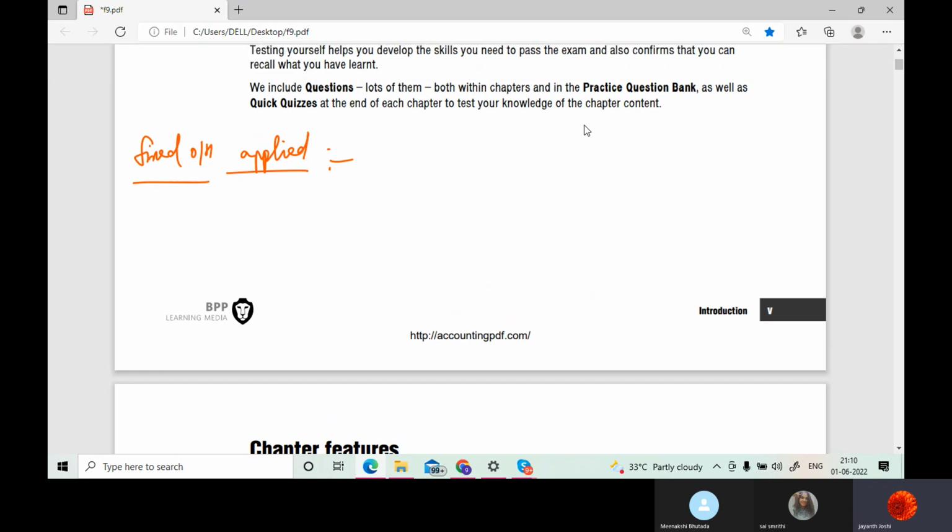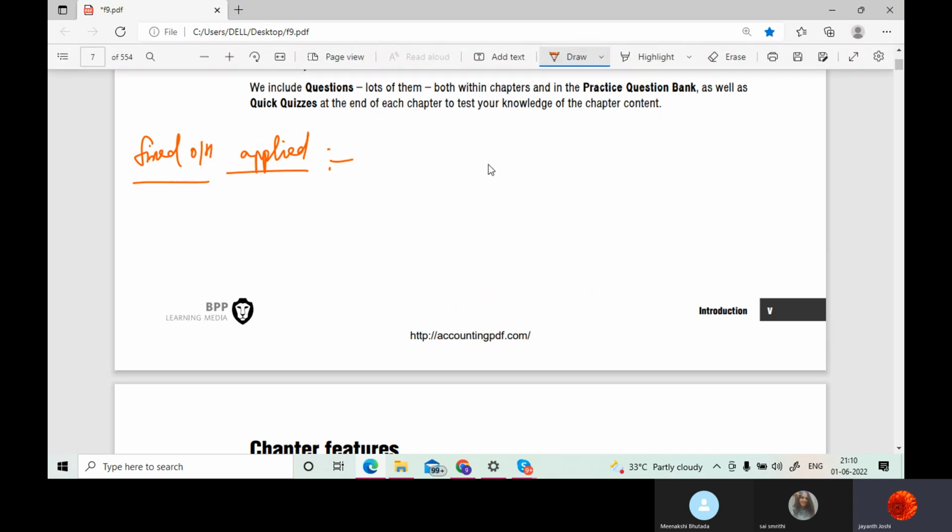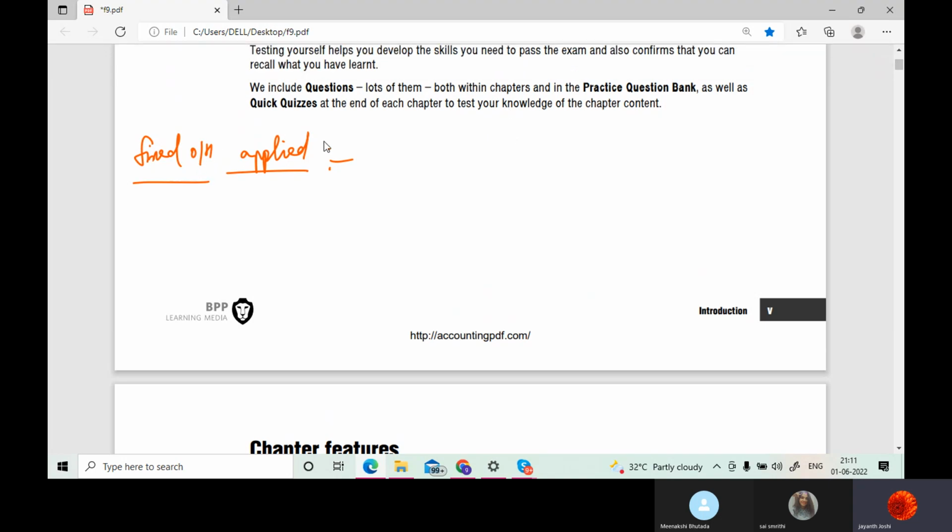Those we are not discussing. So indirect costs are a part of manufacturing overhead. We use this term for indirect expenses.